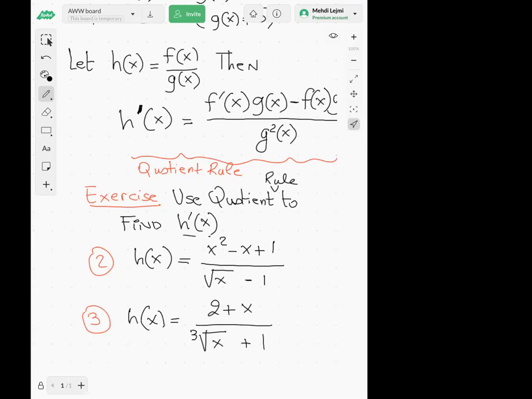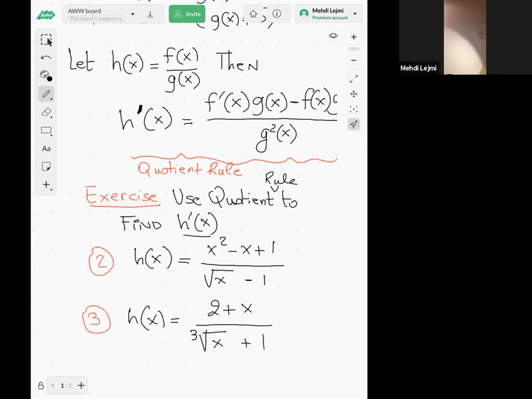So for number two, guys, I'm not sure if you had time to try it. But anyway, let's solve these two derivatives.